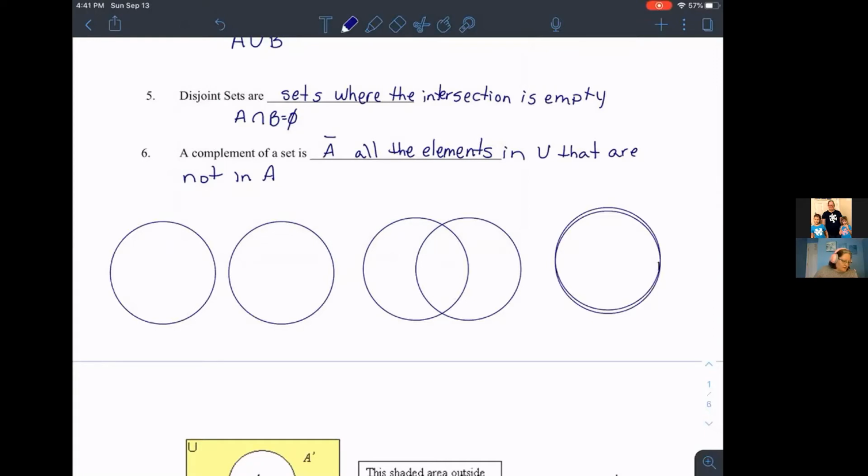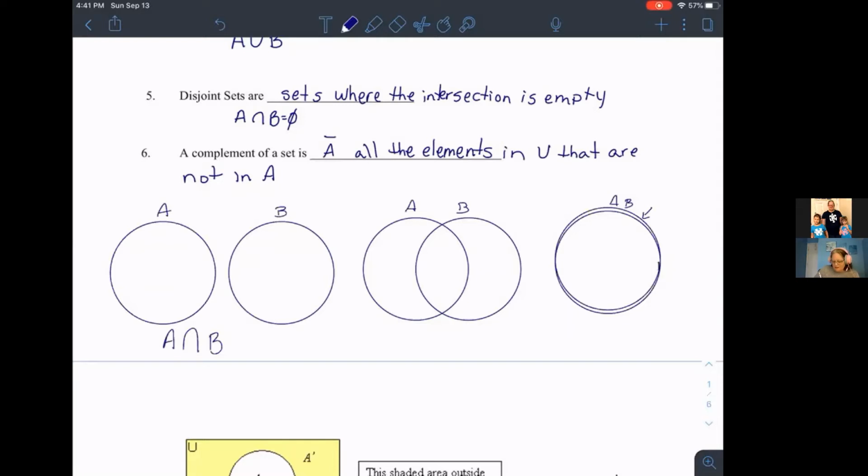So when you have two sets, let's say A and B, A and B, and A and B. Now these are supposed to be on top of each other, both of these, but I just wanted you to see that there are two. So A is disjoint with B. That means neither set A or B have anything in common.